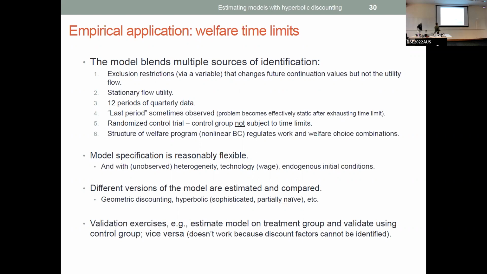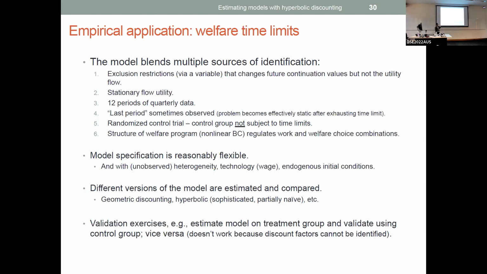A geometric discounting model was estimated. Different versions of the hyperbolic discounting models were estimated. There were some model validation exercises. These are central to structural models. For example, you could estimate the model on the treatment group who are subject to the time limit, and then perform validation using a control group sample.